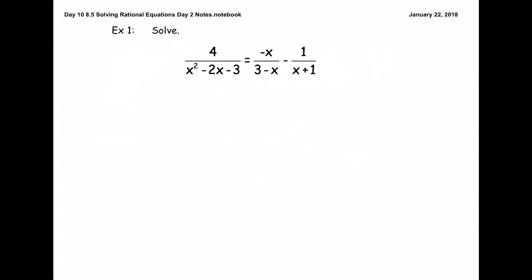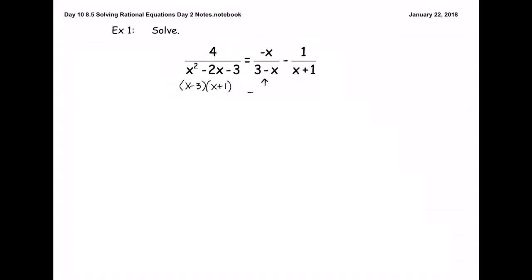Looking at example 1, we want to make sure and factor all of our denominators. So when we factor x squared minus 2x minus 3, we get x minus 3 times the quantity of x plus 1. Right here we have 3 minus x, so we want to make sure and factor out a negative 1.